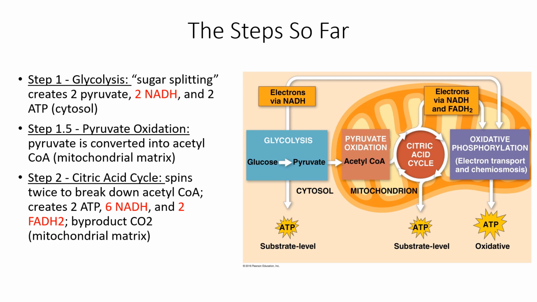Another important thing to make note of is that through the citric acid cycle, we are creating CO2, which is a byproduct. It's not the end goal, but it's why we breathe carbon dioxide out as a waste, essentially. It's kind of neat.